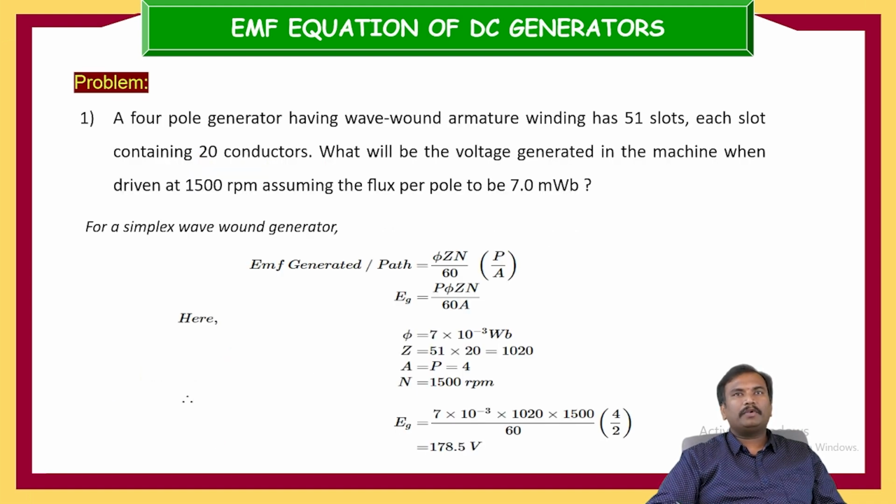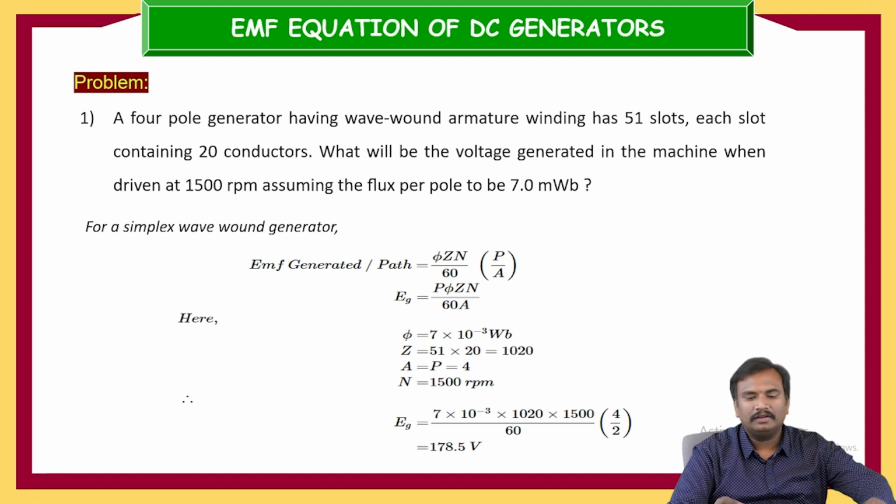Now let us go with one problem. A 4-pole generator having a wave wound armature winding has 51 slots, each slot containing 20 conductors. What will be the voltage generated in the machine when driven at 1500 rpm, assuming the flux per pole to be 7 milliwebers? Here we need to calculate the voltage generated with the given data.